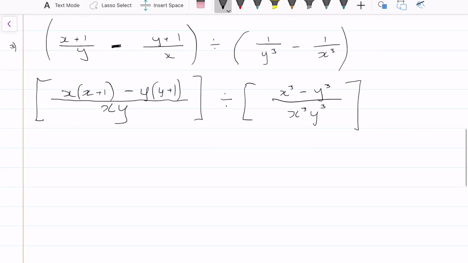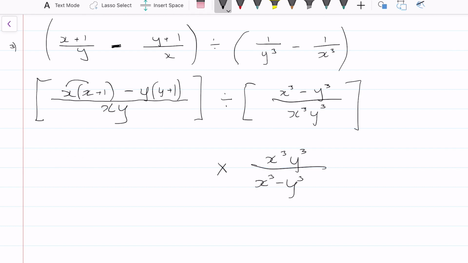Okay, now I'm going to get rid of that divide by introducing a multiplication and inverting the next term like we did previously. Okay, and I'm going to write this term as it was, or actually I'm going to multiply it out.